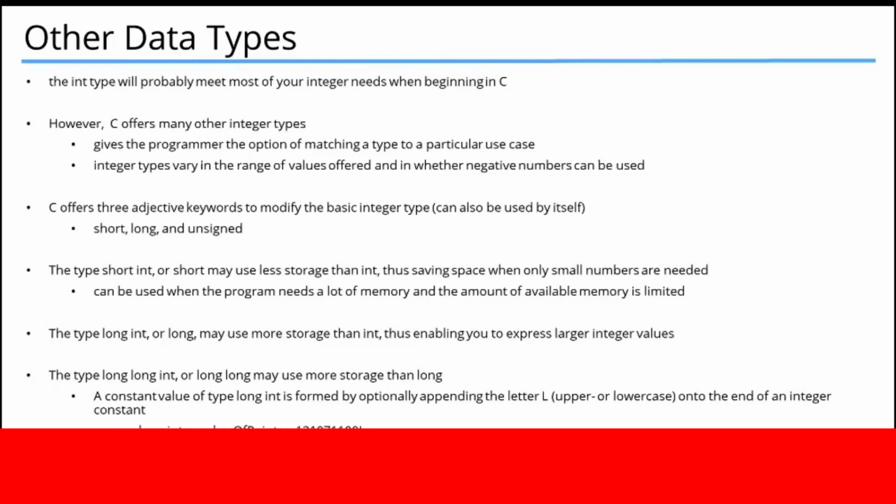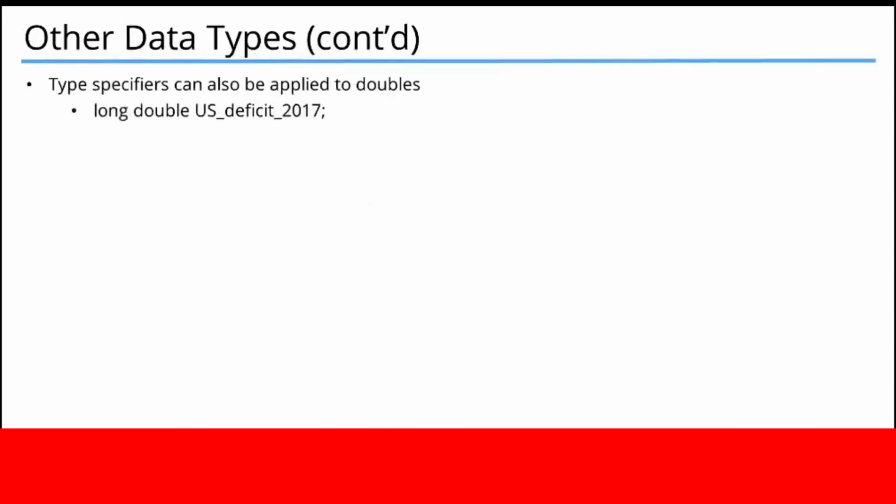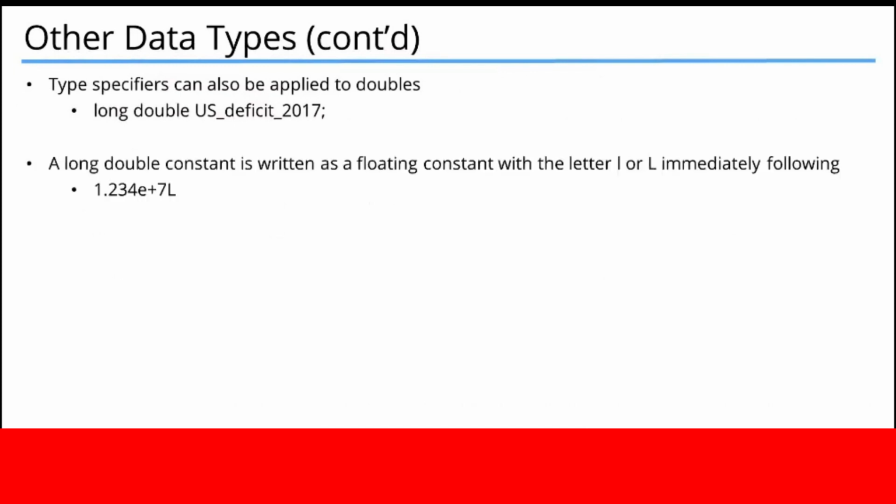So type specifiers can also be applied to doubles. As I mentioned, with these shorts and longs, you can say long double, and here we create a long double called deficit 2017. For long doubles, you can use the capital L, as I mentioned, or lowercase l, same way as with ints.